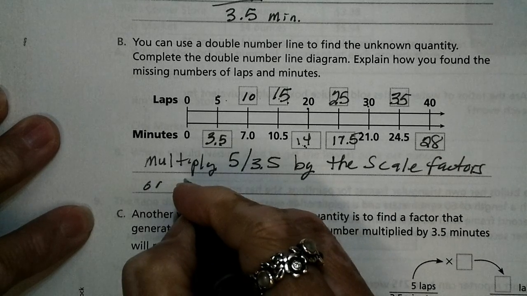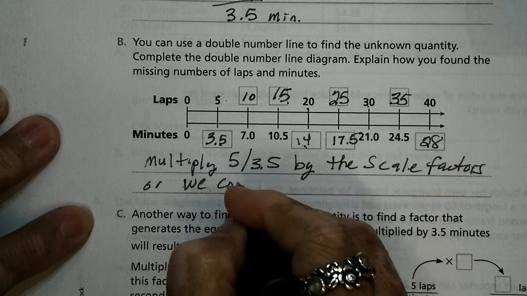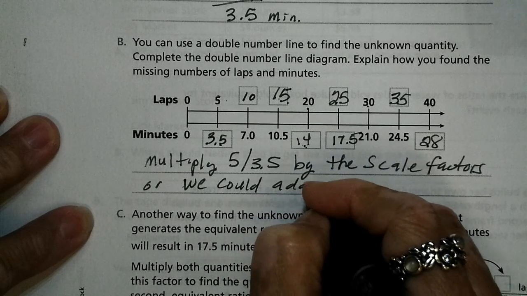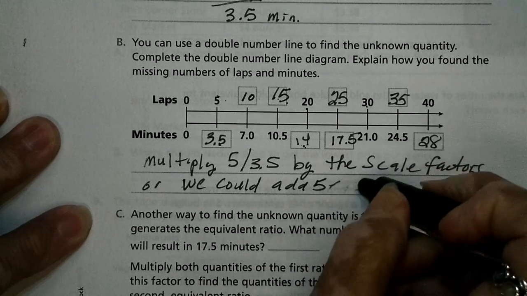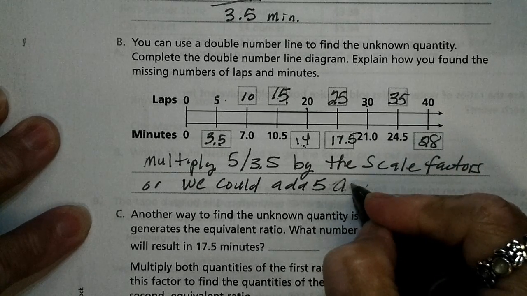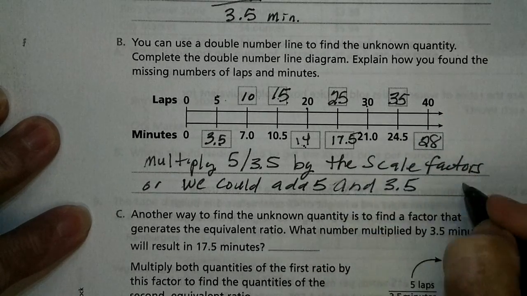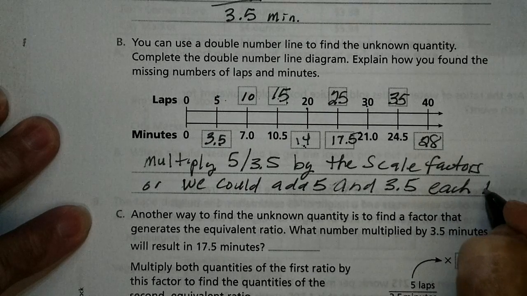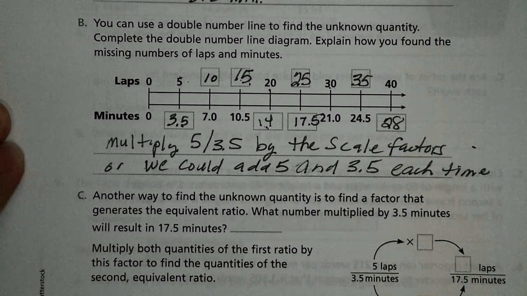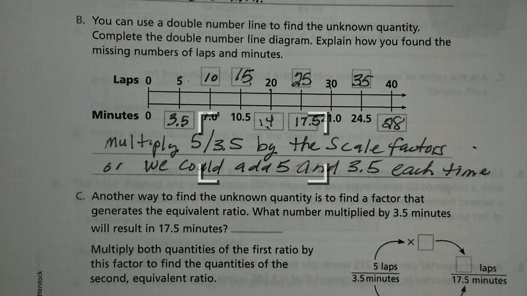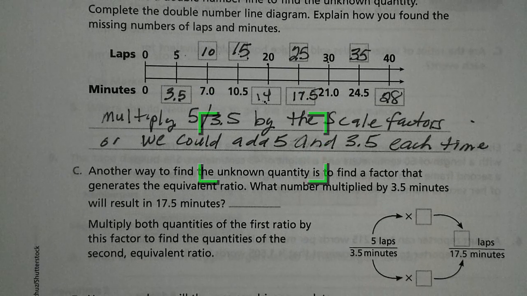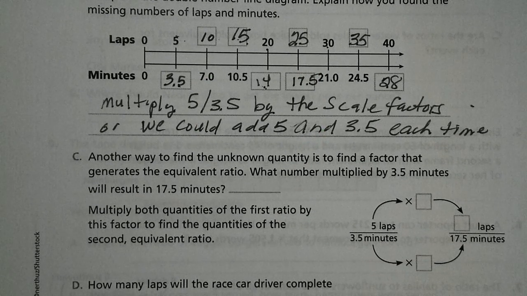Or we could add 5 and 3.5 each time. So we can either multiply by that scale factor or add. That's a good thing about a pattern. When it's constant, if you can't figure out your multiplication tables, you can just continue to add them together.